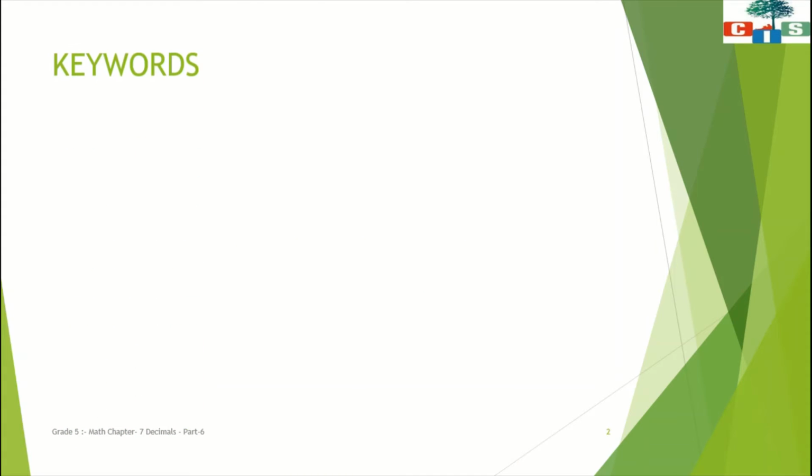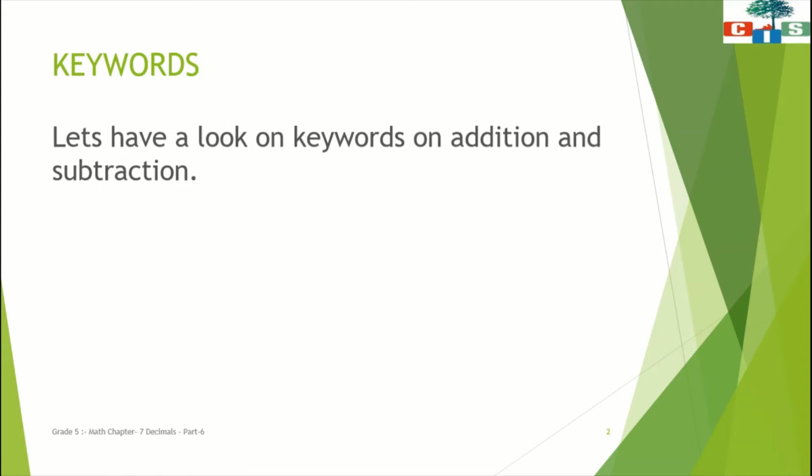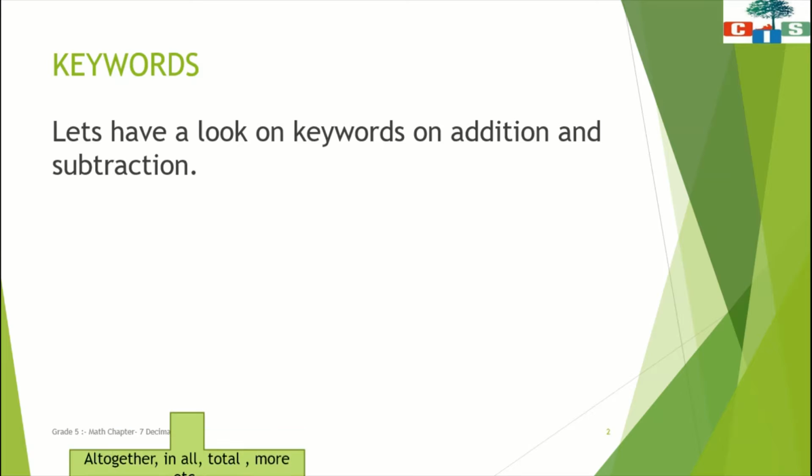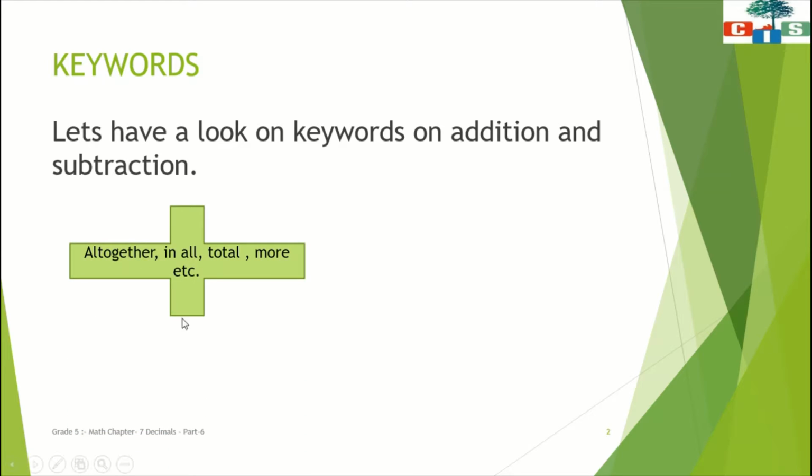So scholars, before starting with the exercise, let's revise keywords related to addition and subtraction. These keywords will help you to find the operation of the sum. The keywords for addition are all together, in all, total, more.